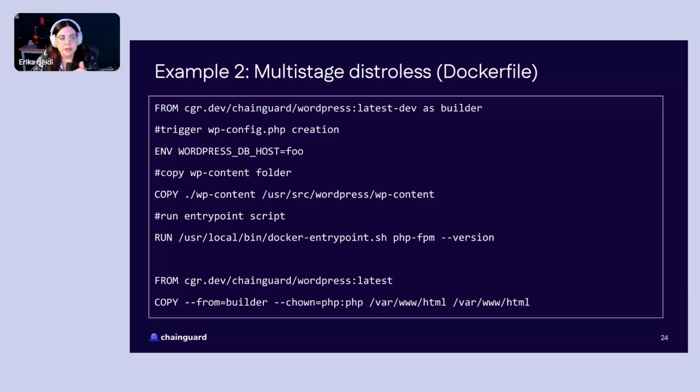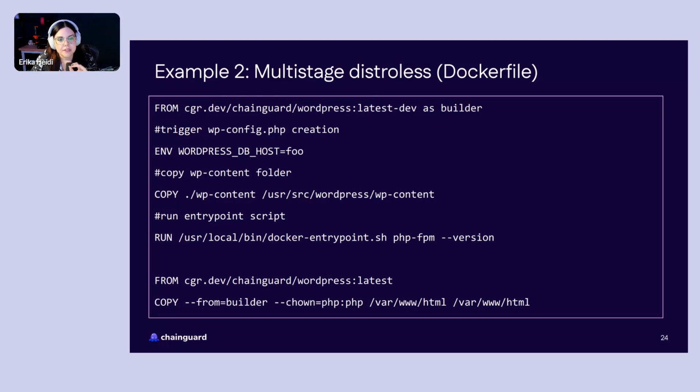This file is only created when the entry point script detects the environment variables to set up WordPress, set up the database and everything. But these environment variables won't be present in the distroless image. I'm just triggering the creation of a WP config file. We'll set the environment variables in the Docker Compose file.